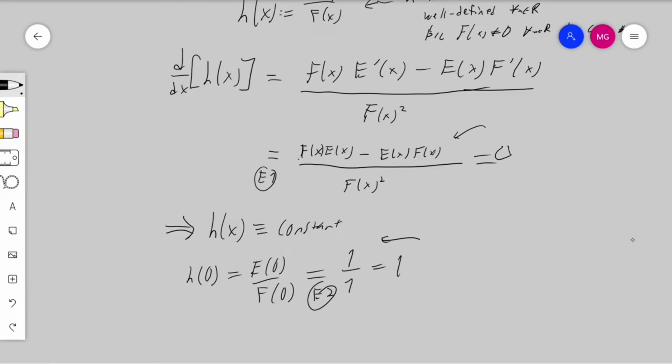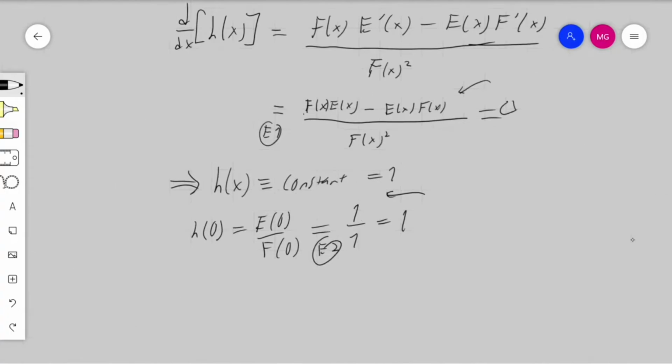So this constant must be 1, and so this ratio, e of x over f of x, is constantly equal to 1. In other words, e of x is equal to f of x for all x, or in other words, the function e is equal to the function f. And that is what we wanted to prove for uniqueness.